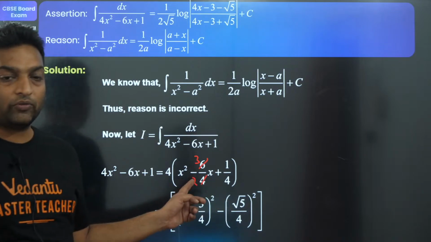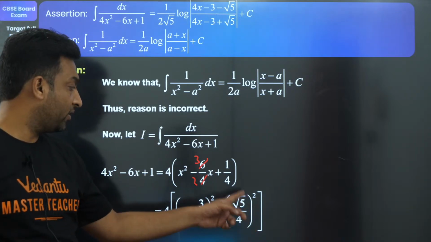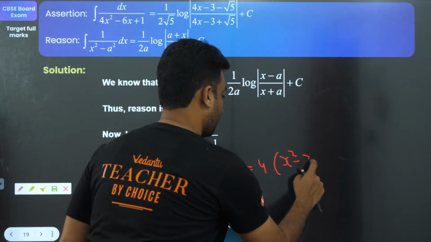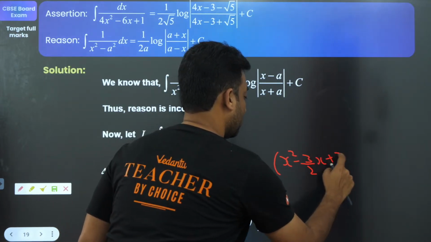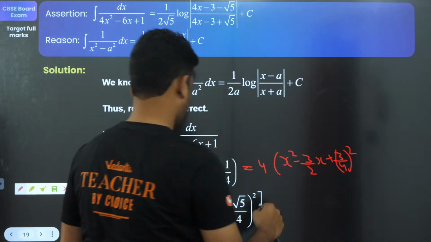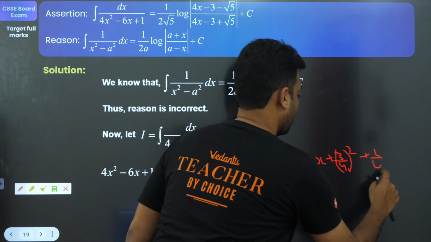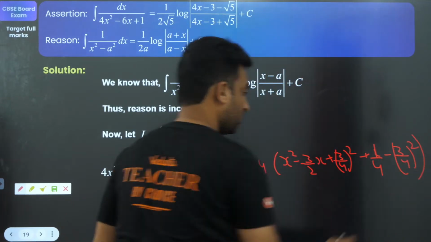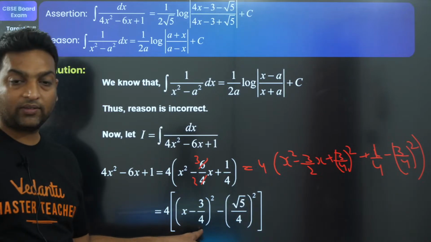So 3 by 4 whole square you add and subtract. This will come out to be 4 times x square minus 3 by 2x plus 3 by 4 whole square plus 1 by 4 minus 3 by 4. After this it comes out to be this.